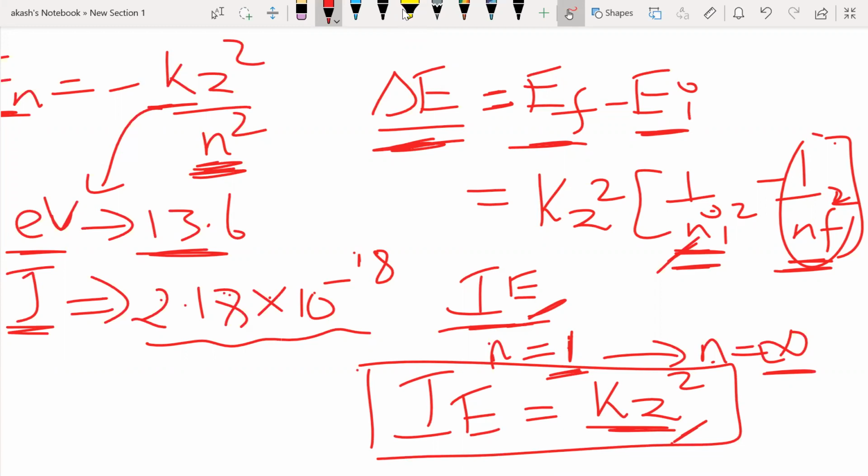Hope you understand the difference between the ionization definition we have now, which is the energy required to take out the electrons in the valence shell, not the first orbit, and the one they gave, from the first orbit to the infinite orbit. So you can easily get the formula as k Z squared.